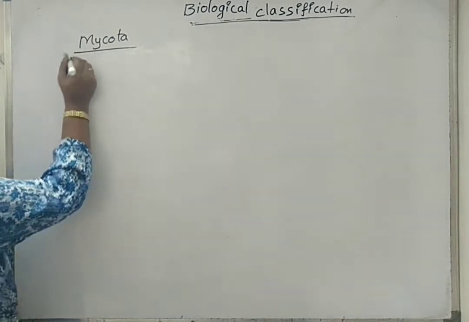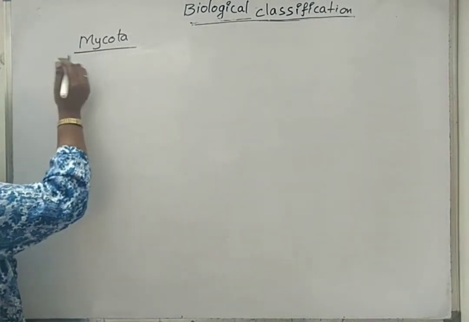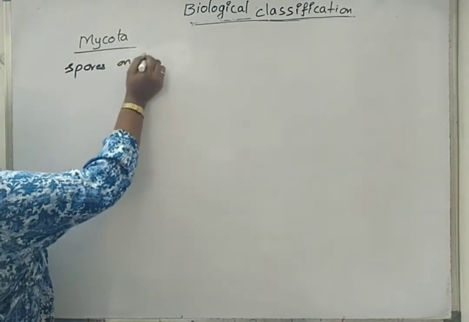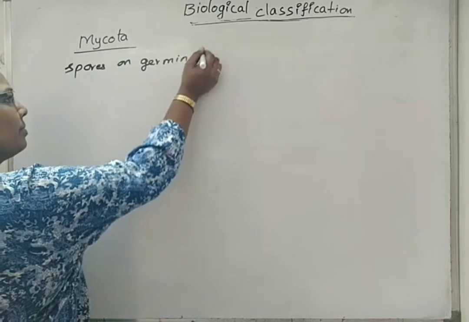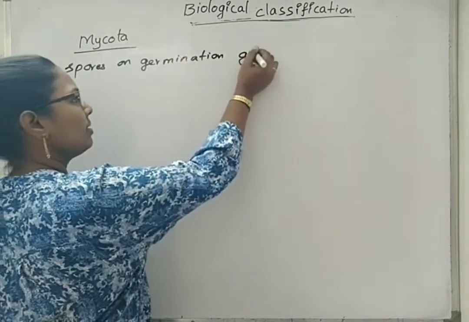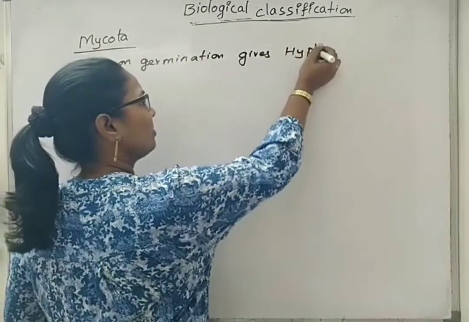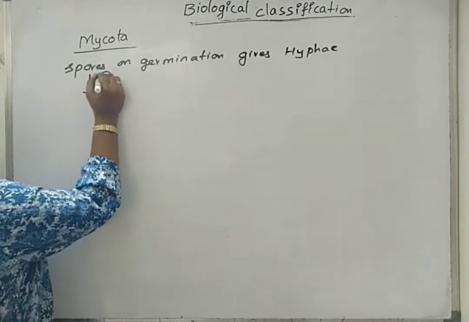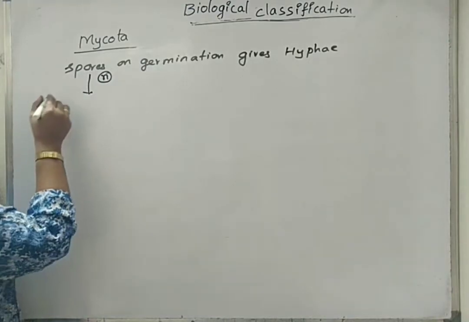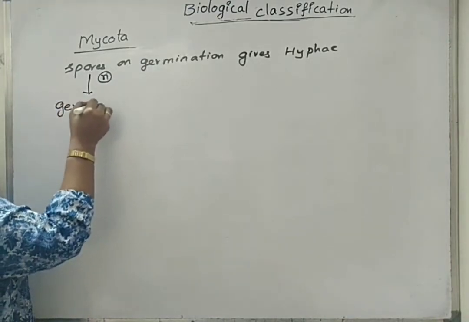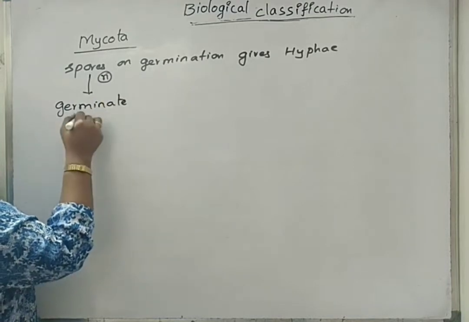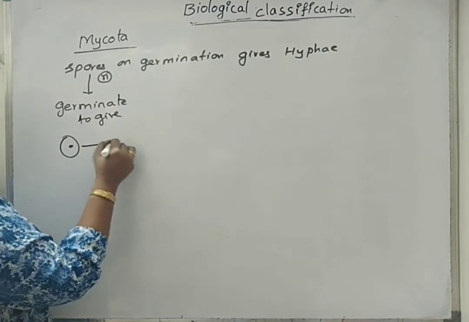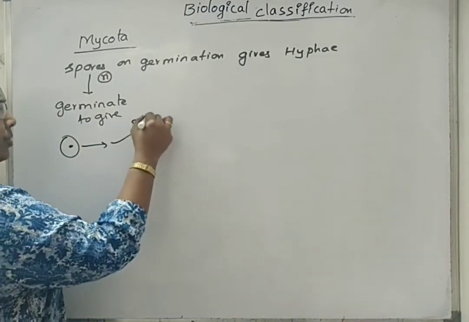Now we will see how the hyphae is formed from spores. I said spores on germination give hyphae. But this is not direct. There are some stages here. Spores are considered as haploid structures. They germinate to give, if this is the spore, a thread-like structure. This is called protonema.